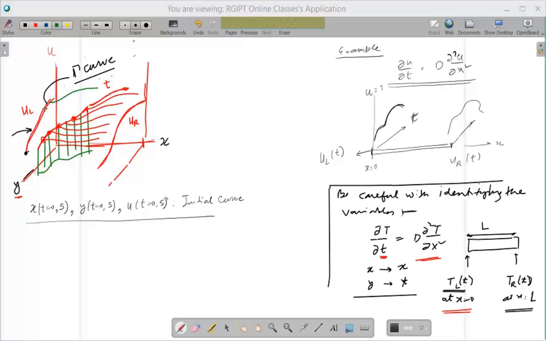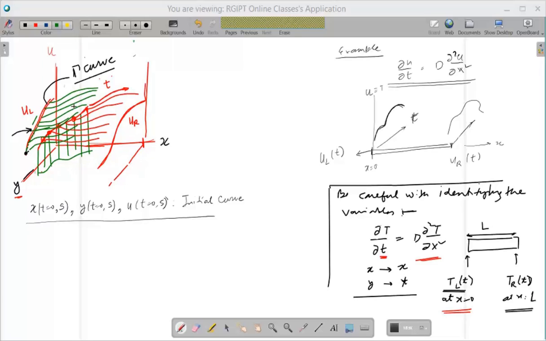How those values change, they may change like this. Depending on how it changes, I can construct a new set of curves from each point on this curve, and thereby I construct a fabric. It's basically a solution surface. Continuously, for each point lying on this curve, I can continuously draw these.